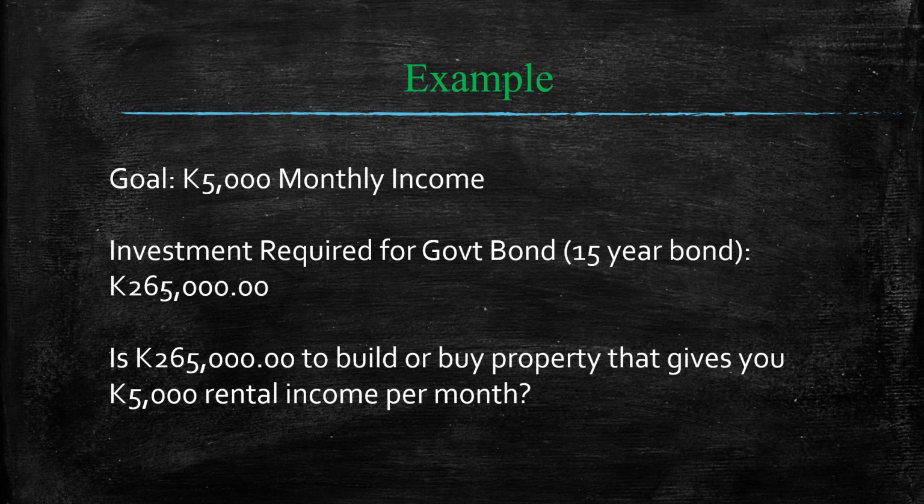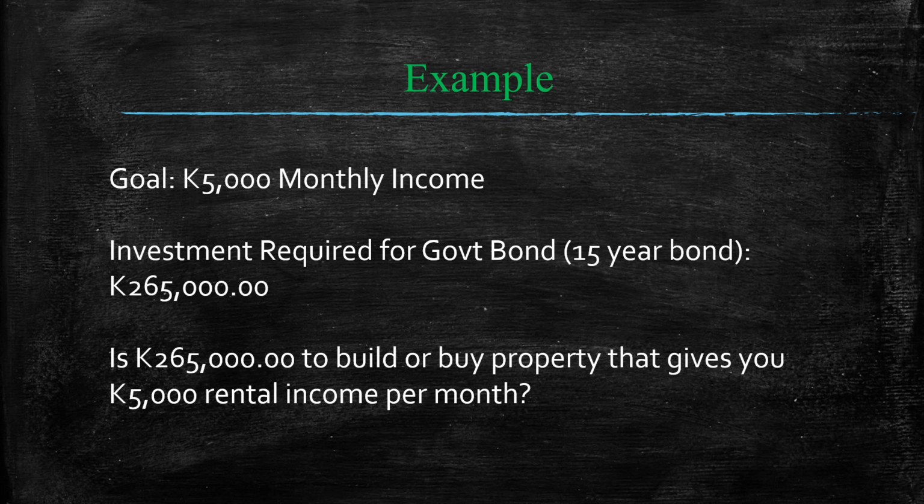Clearly not. The chances are very low, almost zero, that you can get 265,000 kwacha to start building a house, for example, or even some commercial property from the ground up, finish that building and then find someone to rent that building for you to begin to get 5,000 kwacha in income per month.